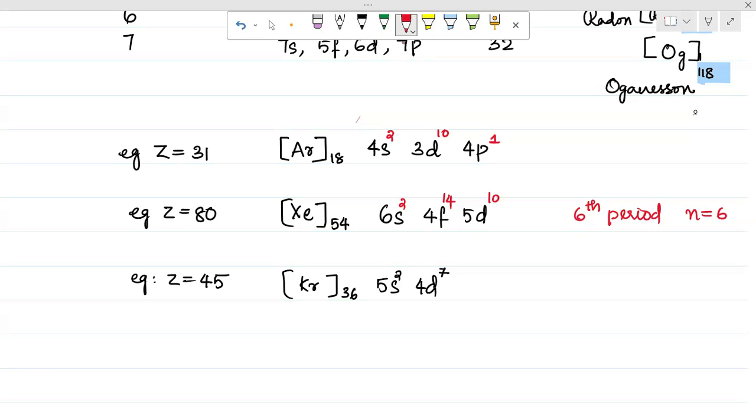And can you see the value which is associated with D? It is (n-1)D, 5D. Did you get it? So if it enters into the F shell, it would always be (n-2), which is there at the end.